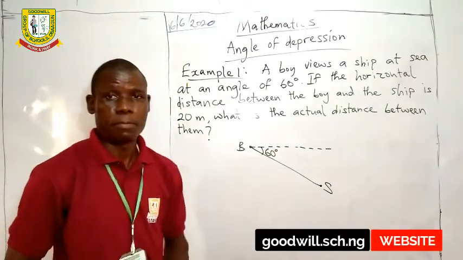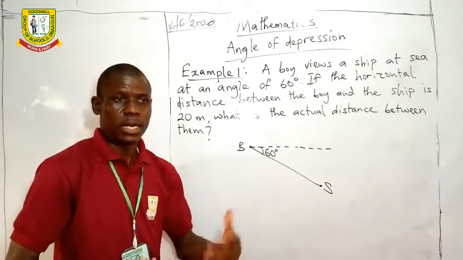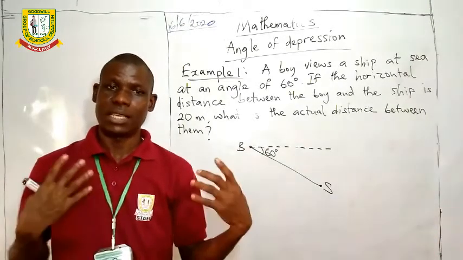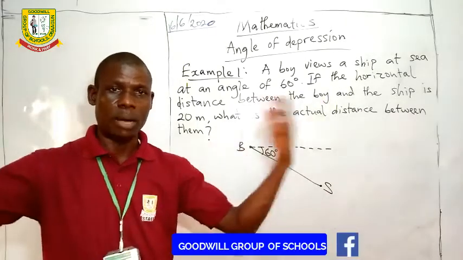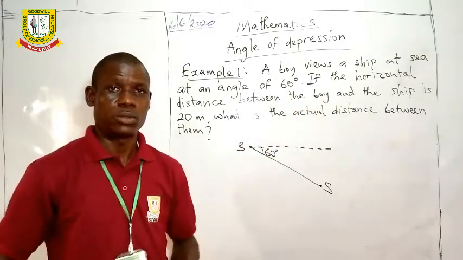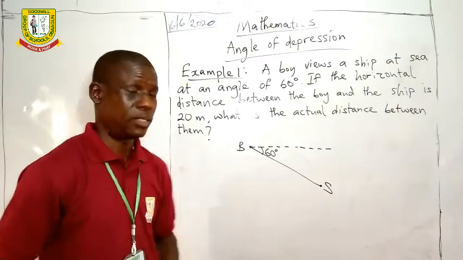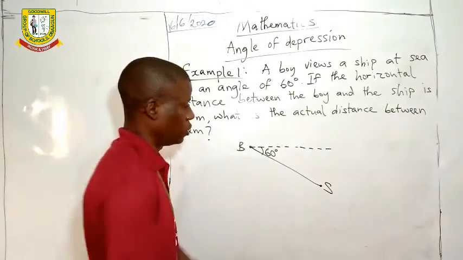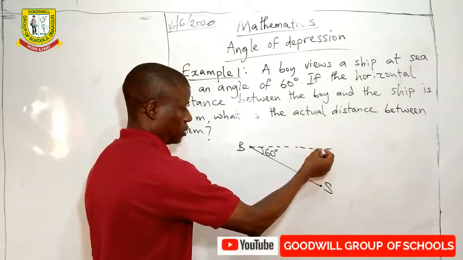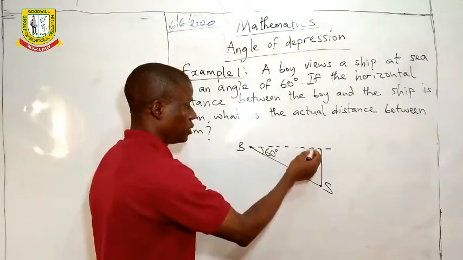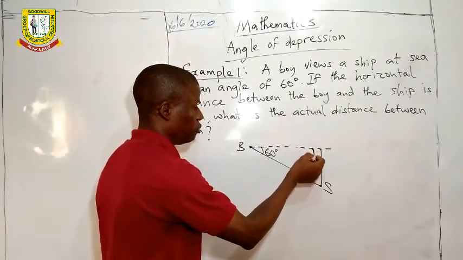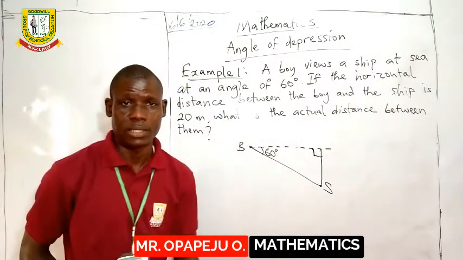Now we said we are expecting to get a complete right angle triangle, which helps us to apply those trigonometric ratios we have learnt earlier on. So this part helps in completing our right angle triangle, and of course the angle at that point should be 90 degrees.